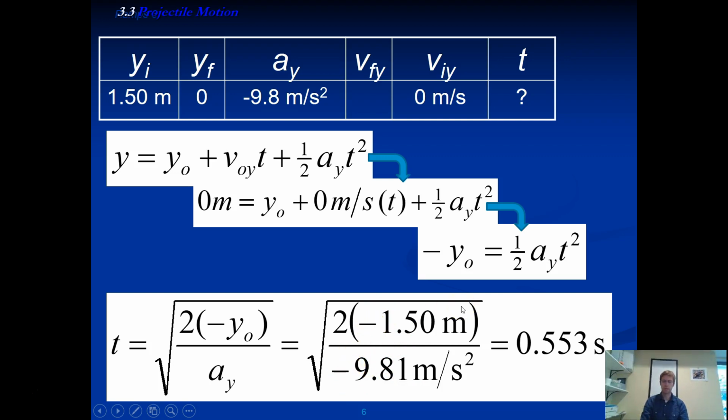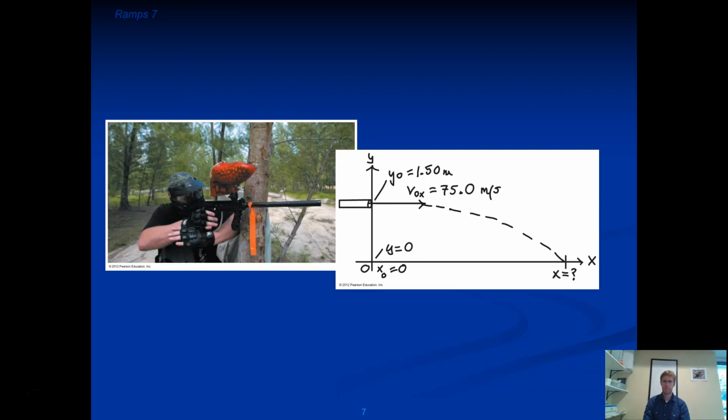And so the time it takes to reach the ground is a box-worthy 0.553 seconds. So that's how long it's in the air. You shoot it perfectly horizontally, and it takes that long for it to drop, the exact same as if you just dropped a ball 1.5 meters above the ground.